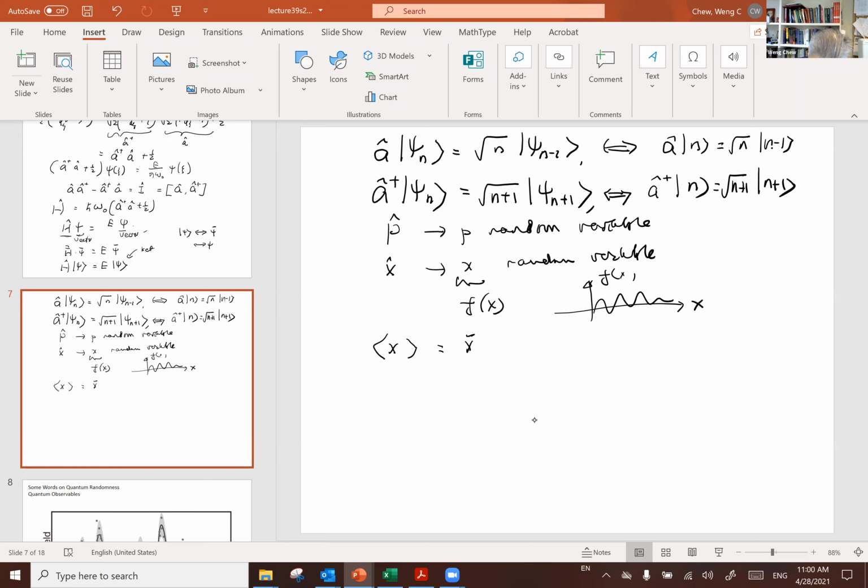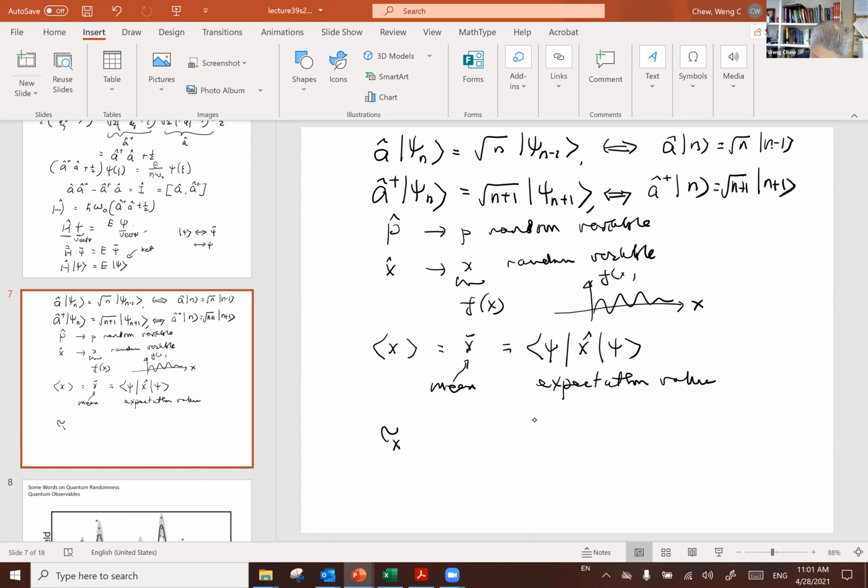And in order to find this expectation value in the quantum world, you find the quantum state that you are in, and let them be found in this manner by taking the expectation value. This is called the expectation value. Okay, so this random variable has a mean. The mean is given by this way.